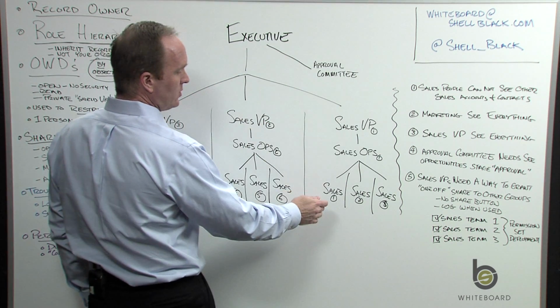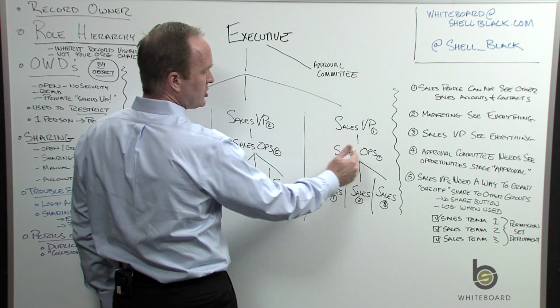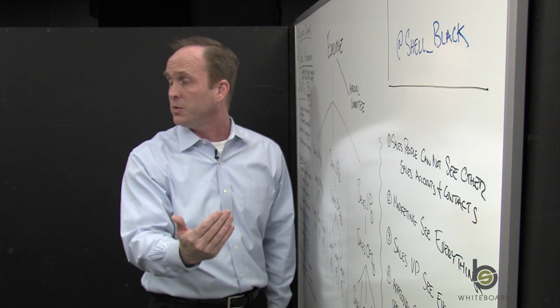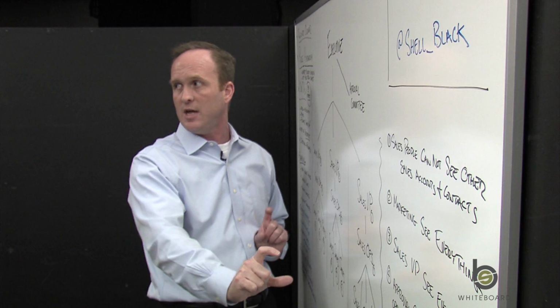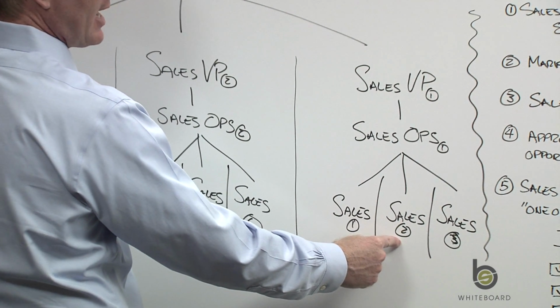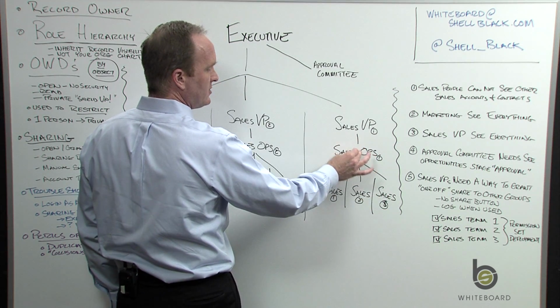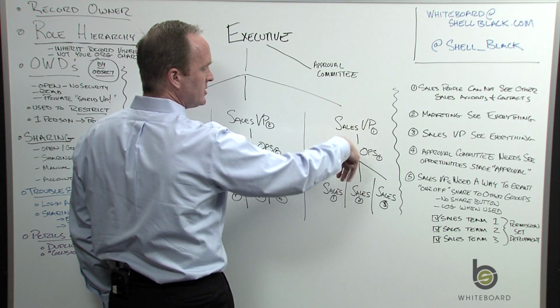And what that will do, if we set the OWD to private for accounts and contacts, you'll start putting fences or barriers between these groups of users at the same level of the role hierarchy. So salesperson 1 cannot see anything owned account-wise by salesperson 2. We still have the roll-up of data based on the role hierarchy, so sales operations can always look down.